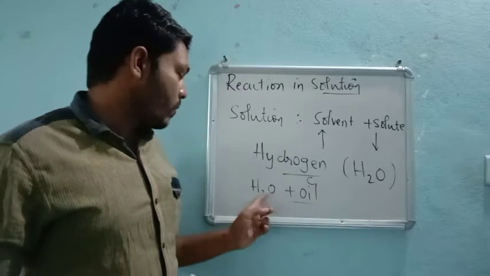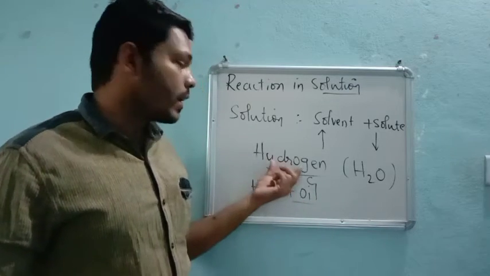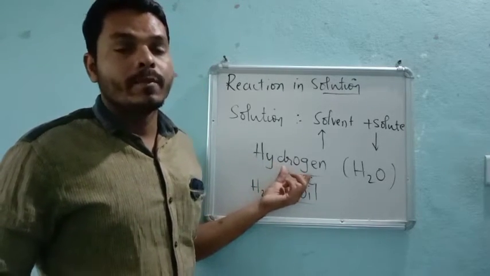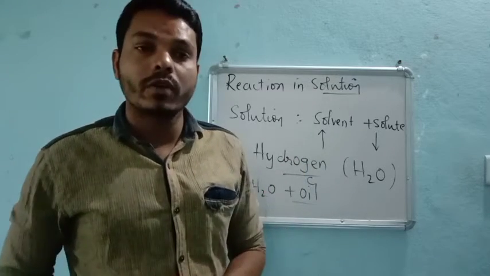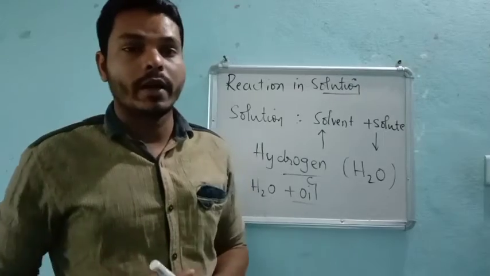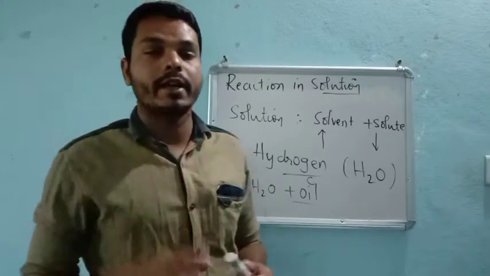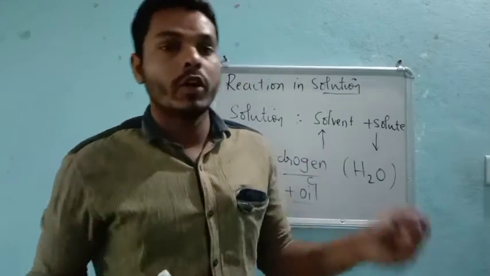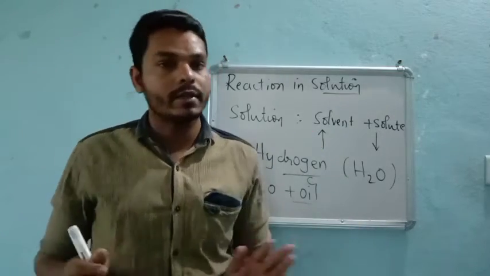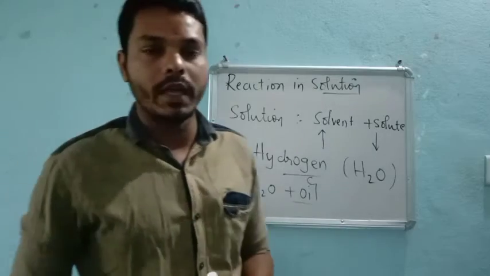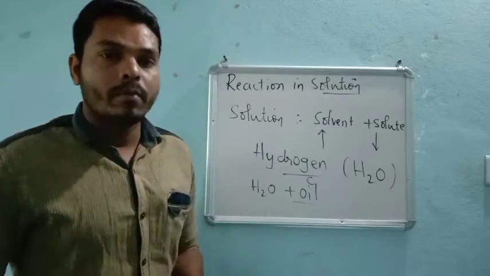So that's why we say, wherever hydrogen bonding formation takes place, definitely that will be dissolved in our water. If it is not dissolving, we can directly say that definitely that molecule is unable to form a bond with the water molecule, or else directly we can say hydrogen bond with that particular molecule.